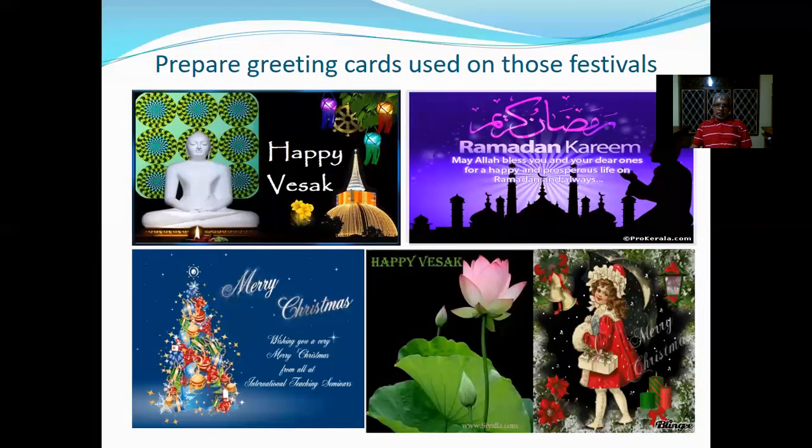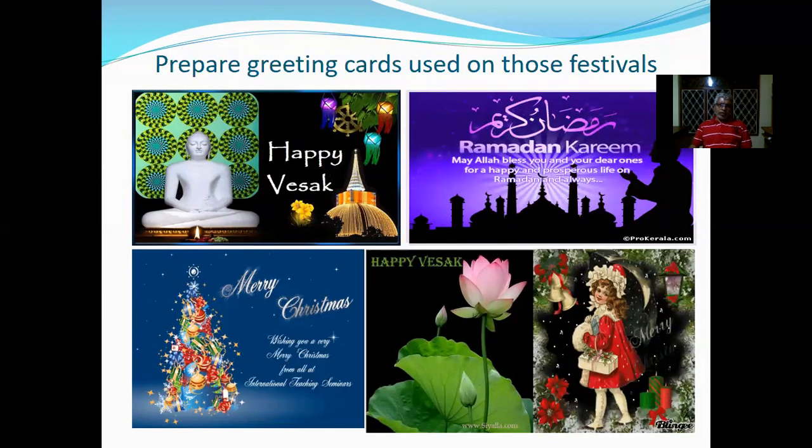Then we focus our attention on another picture. You know that during these festivals, people greet each other, invoking blessings, Asirwad Karano. For the children, you might also exchange Vesak cards, Christmas cards and other greeting cards over these festivals to greet each other.